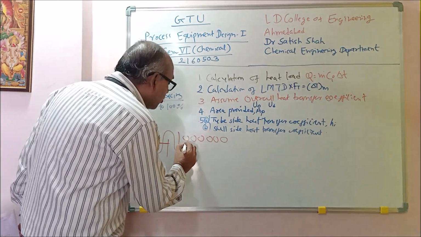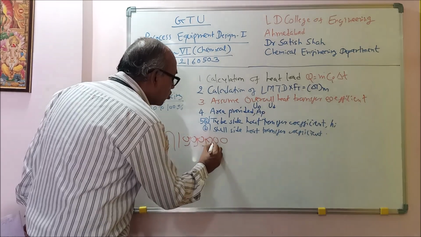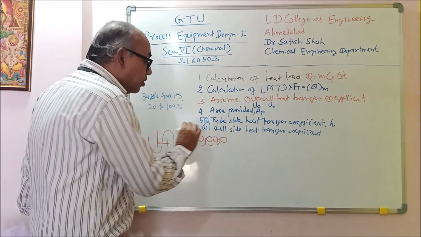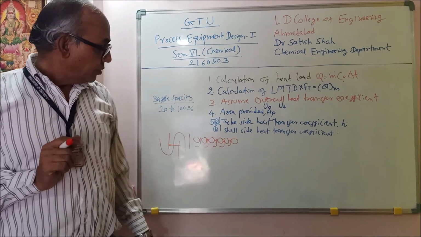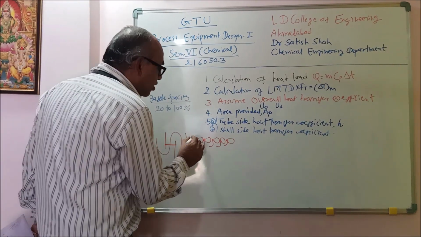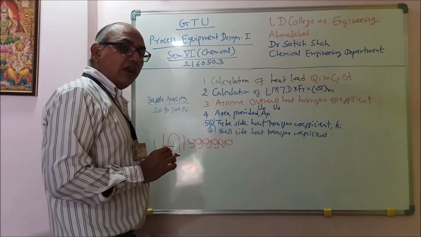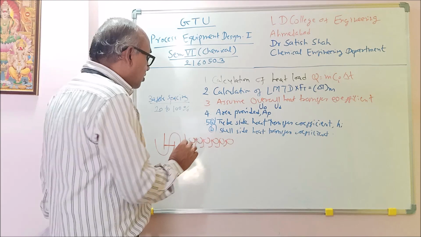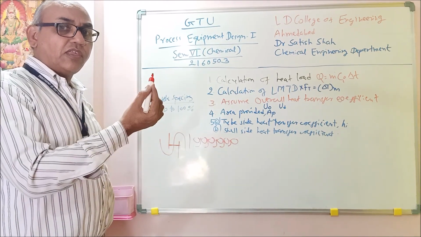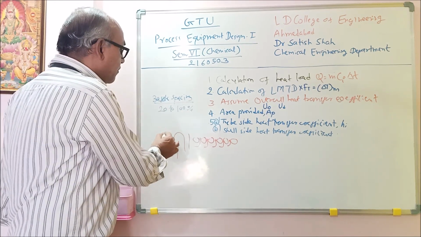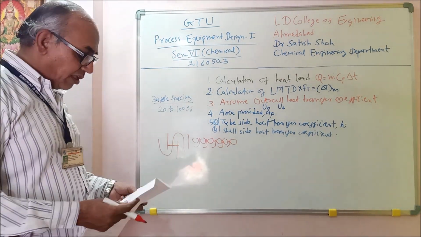The shell side fluid will flow like this, between the clearance available between the tube bodies. So we have to calculate the number of clearances available and multiply by the value of the clearance. That will give you the one side area. Multiply by the baffle spacing, and that will give you the cross section area available for the shell side flow.